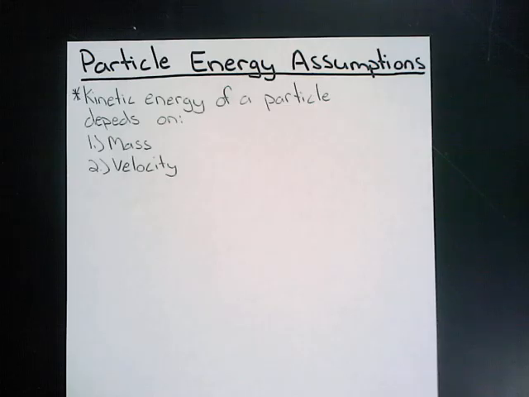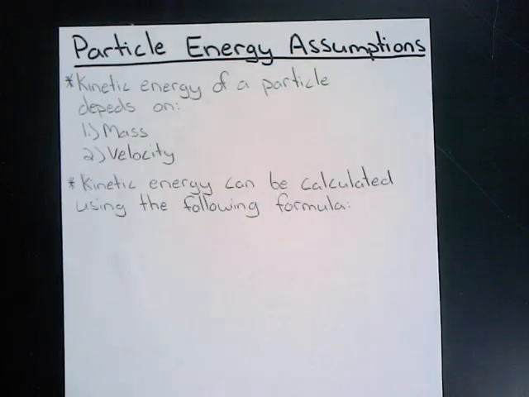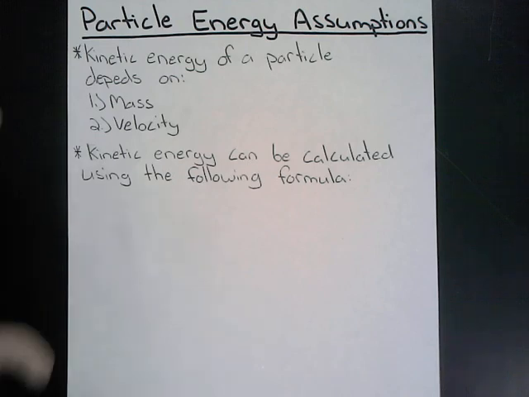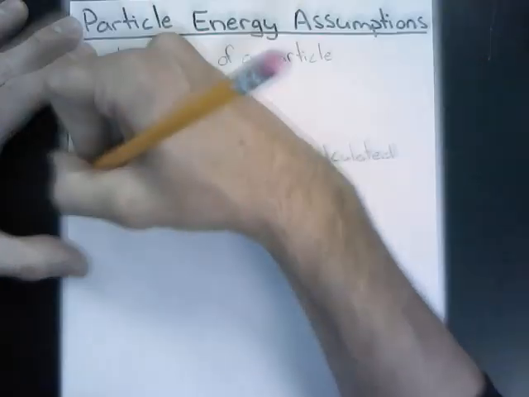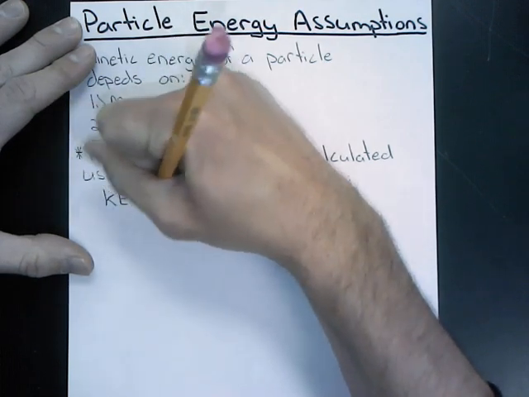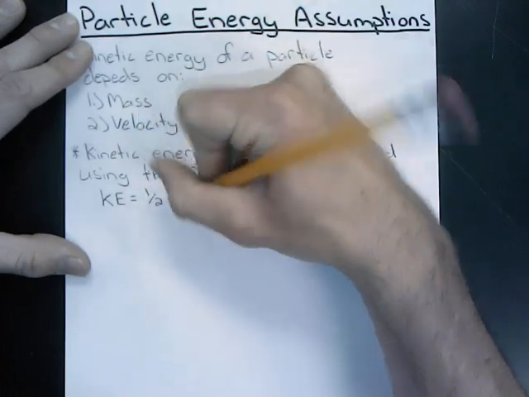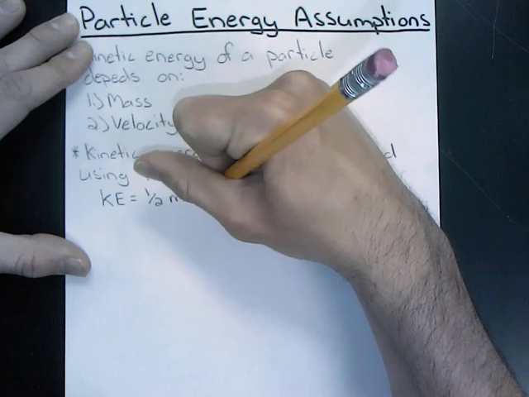The kinetic energy of a particle can be calculated using a formula you may have seen before in some physical science or physics applications: the kinetic energy is equal to half times the mass of the gas particle times the velocity squared.